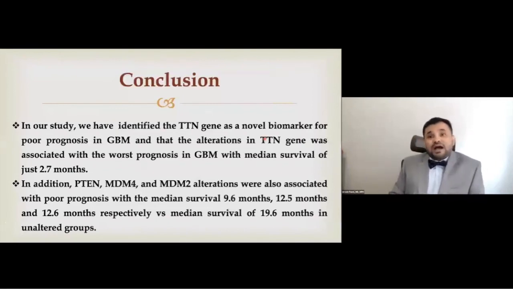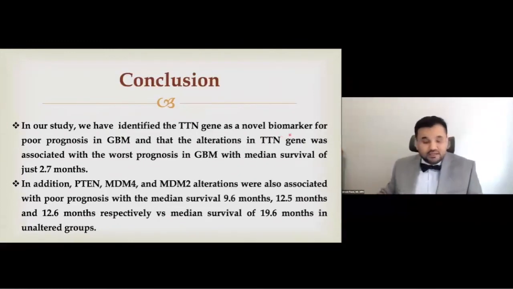Why we did this study: we wanted to identify important genes associated with lower survival, which we can target as a new biomarker or therapeutic target. In our study, we identified the TTN gene as a novel biomarker for poor prognosis of GBM; alteration in the TTN gene was associated with the worst prognosis and a median survival of just 2.7 months.